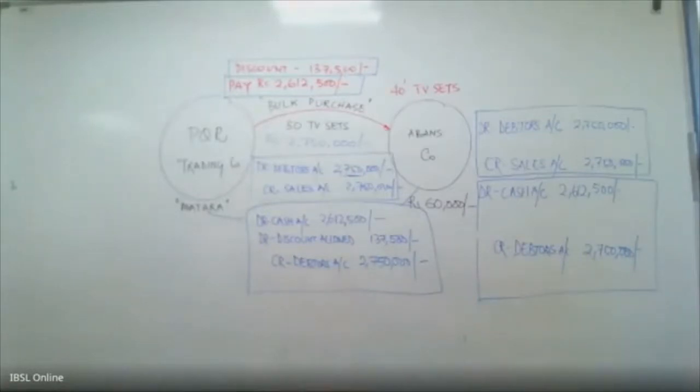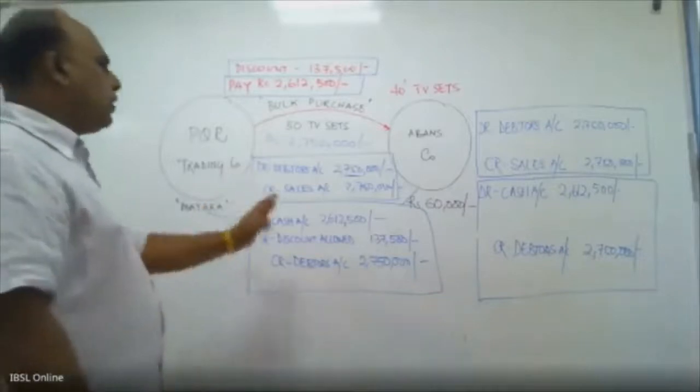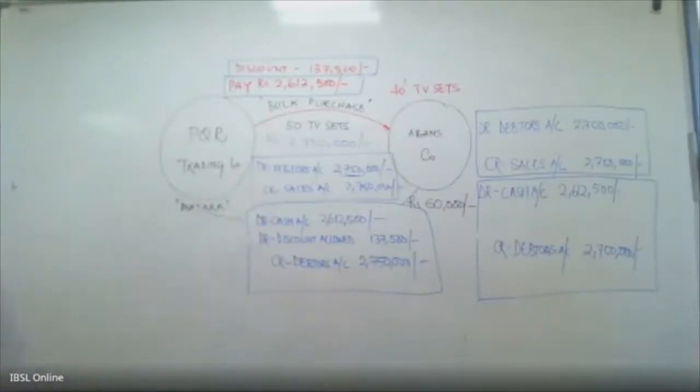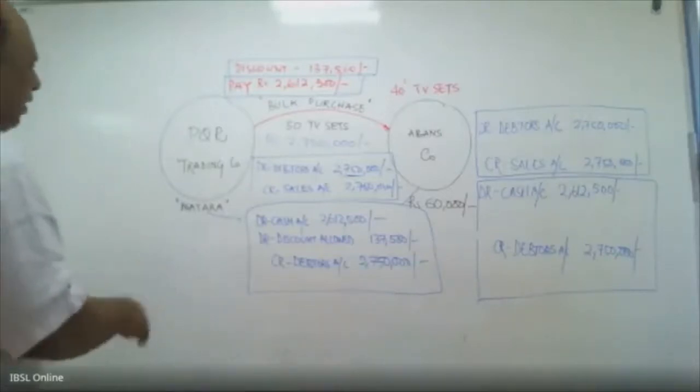But in case you pay me before 30 days, I will give you a discount of 2% or 5%, whatever. So people agree at the outset itself to motivate the buyer to pay in a quick time period without waiting till the entire credit period.